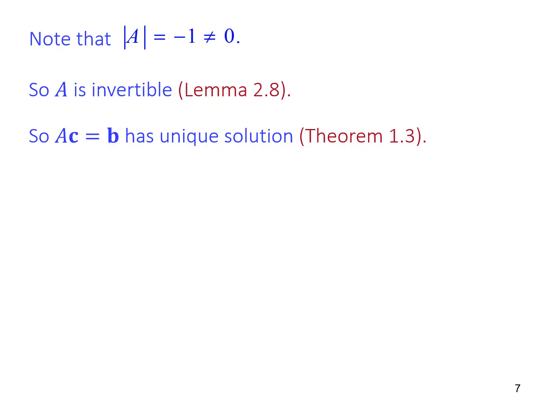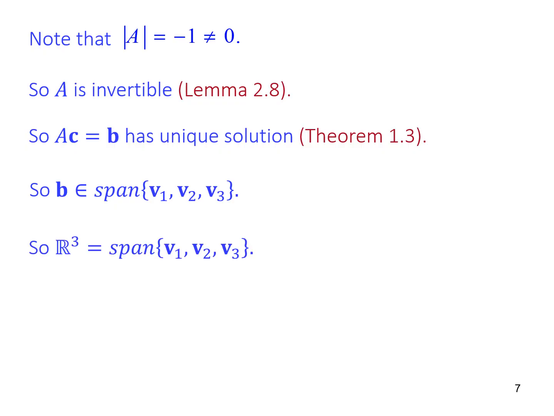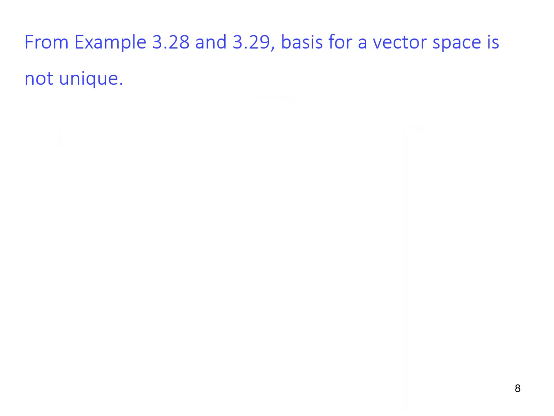That means the system is consistent, and the scalars C1, C2, and C3 exist, and therefore B is in the span of V1, V2, and V3, and therefore R3 is equal to the span of V1, V2, and V3, and therefore V1, V2, and V3 form a basis for R3.